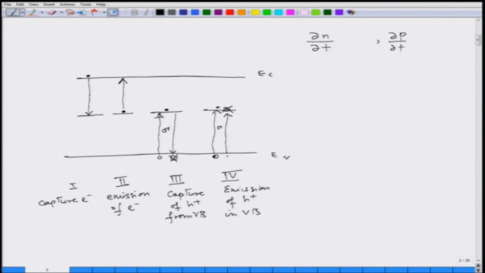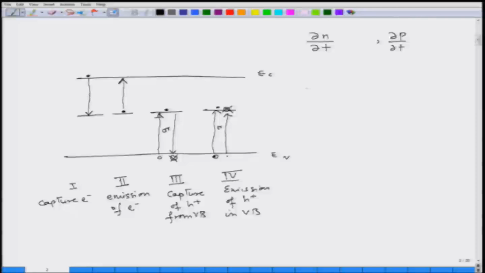So, these are the basic 4 processes that an R-G center can get involved in, and we are interested in looking at the overall effect of both recombination and generation together. What would be the net effect on the change in the carrier concentration? So, if I am trying to mathematically represent it, I can represent that as change in the electron concentration because of these R-G centers, this one particular one which we are considering right now.